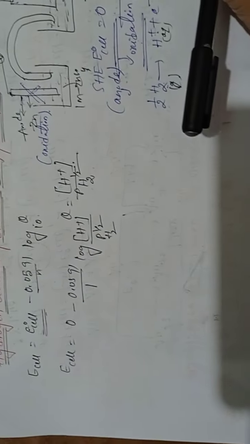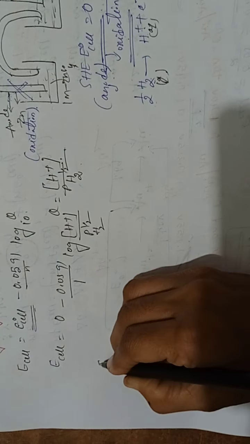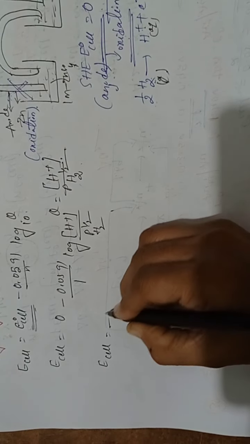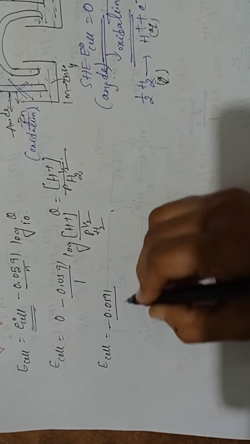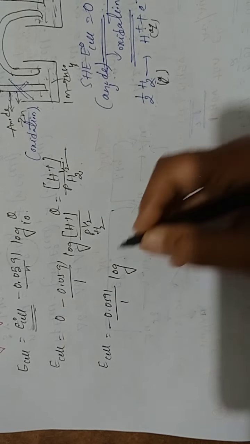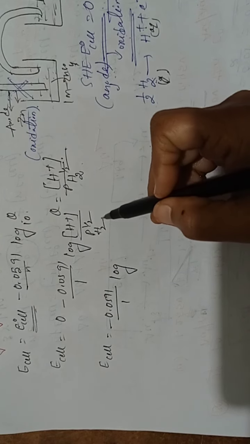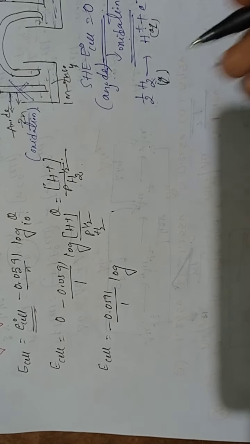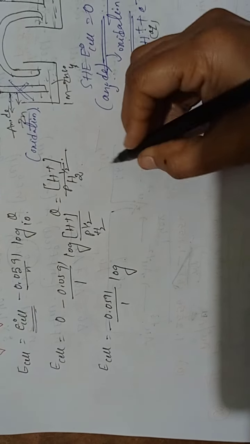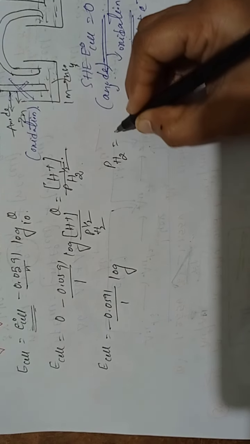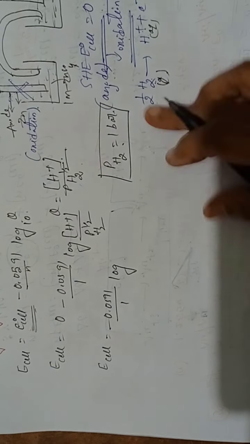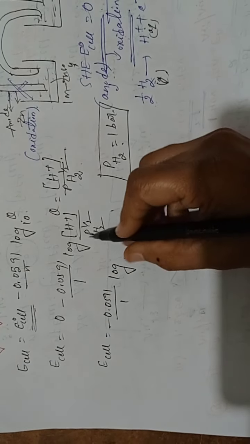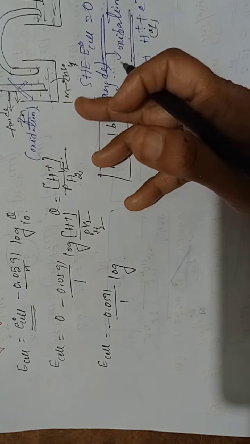Understanding? Now see students, E cell is equal to minus 0.0591 by 1 into logarithm of the partial pressure of hydrogen term. Suppose the partial pressure of hydrogen is equal to 1 bar.